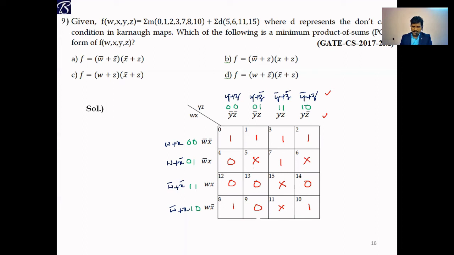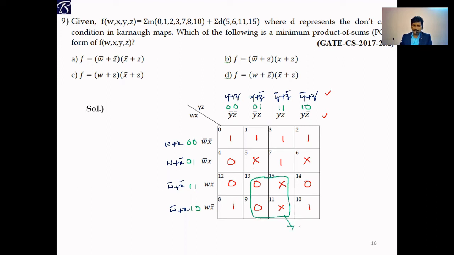Coming to the 13th cell 0, two quads are possible, presently leave it. Coming to this 0, again two possibilities, presently leave it. Coming to this 0, only one quad is possible, that is this one.